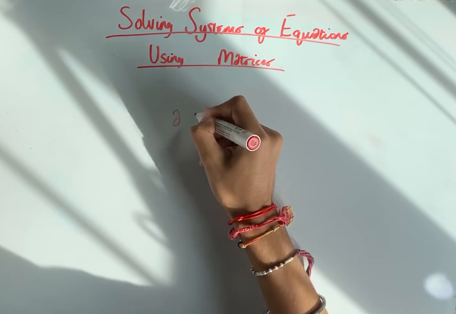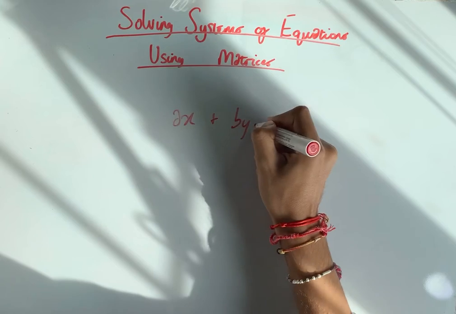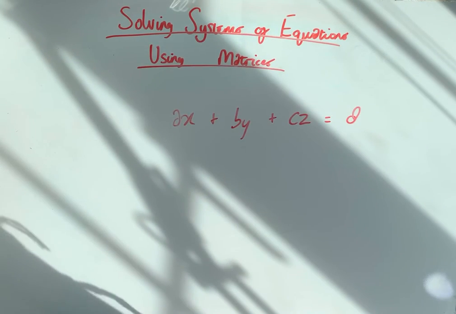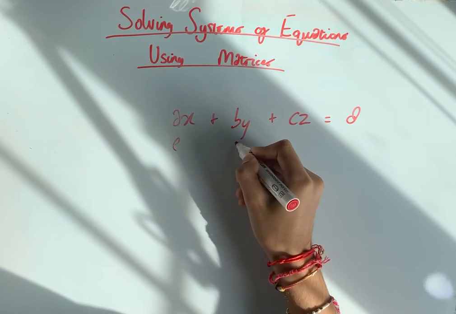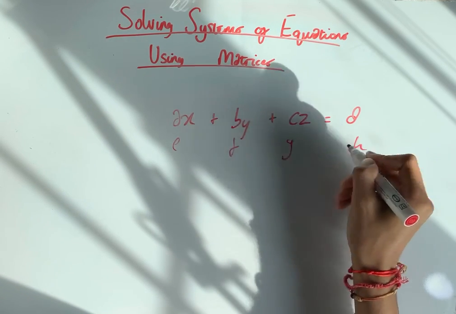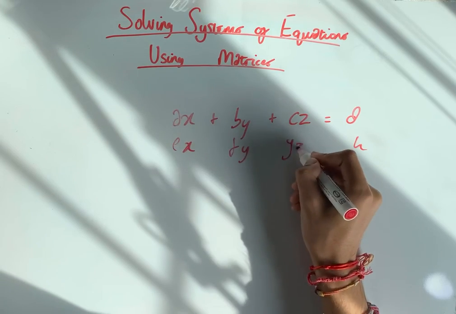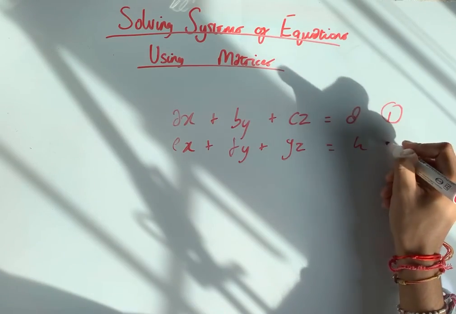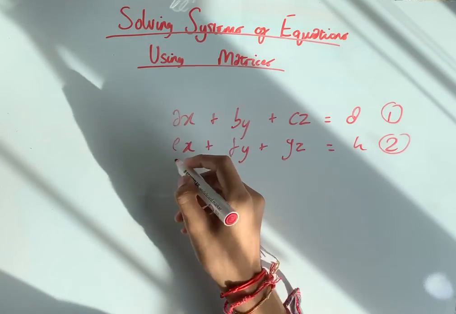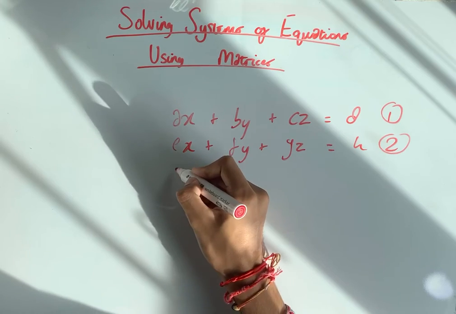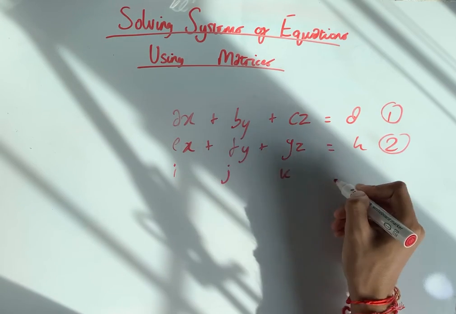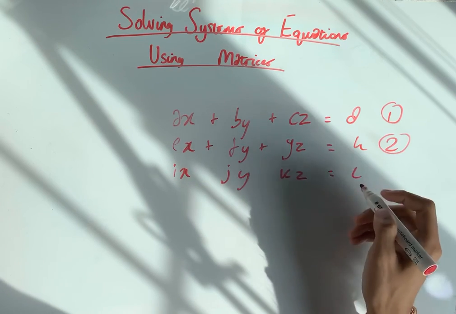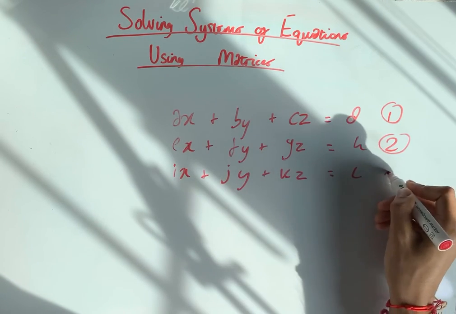Whether ax plus by plus cz equals d, let's take this as equation 1, this as equation 2, and this as equation 3.